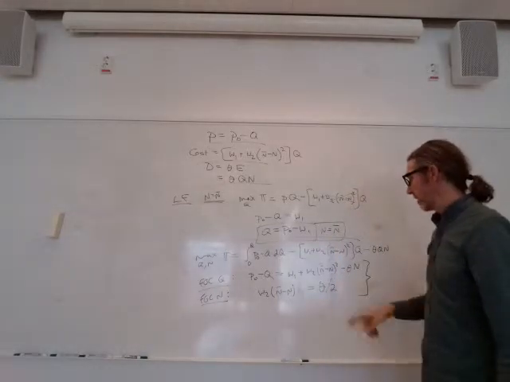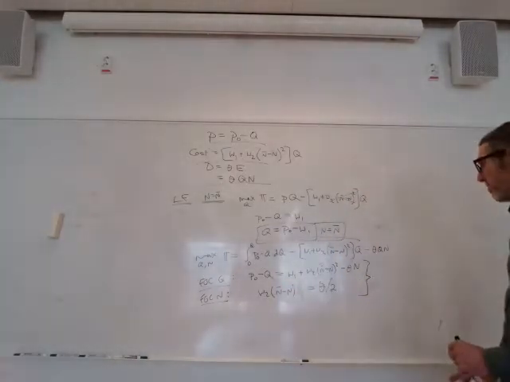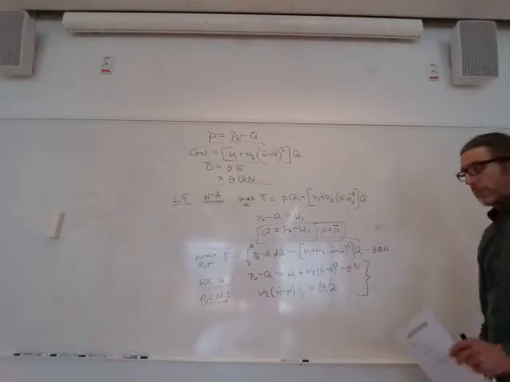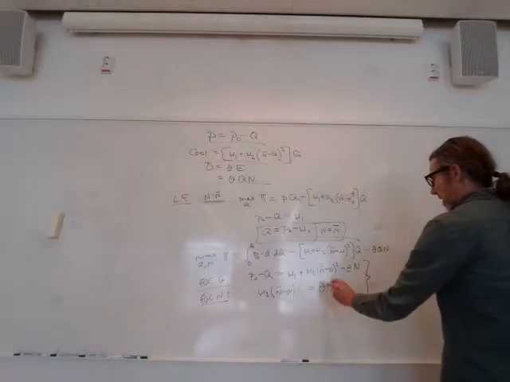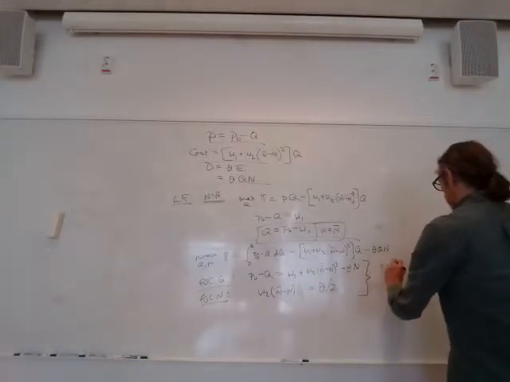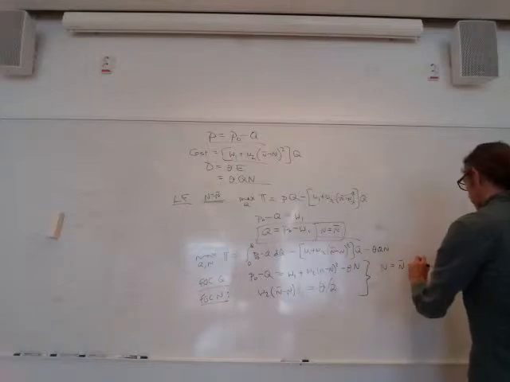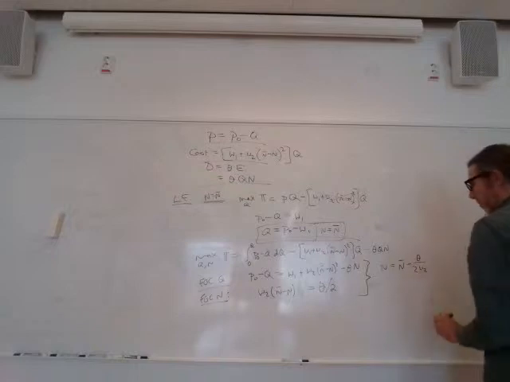Makes total sense, and that's why we can just find n here without reference to Q. So n bar minus n is theta over 2W2, so n is n bar minus theta over 2W2.